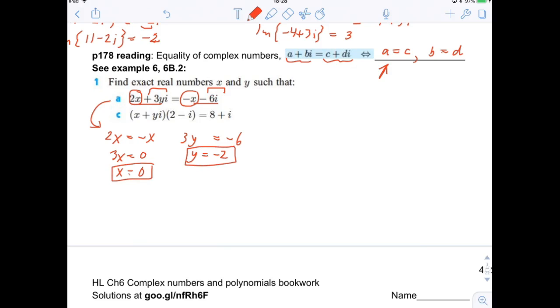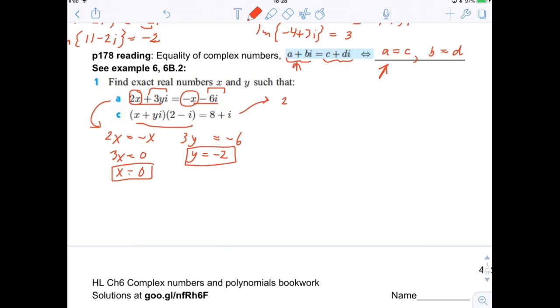All right. C. We're going to do FOIL to the left side because we want to put it in the form a plus bi.